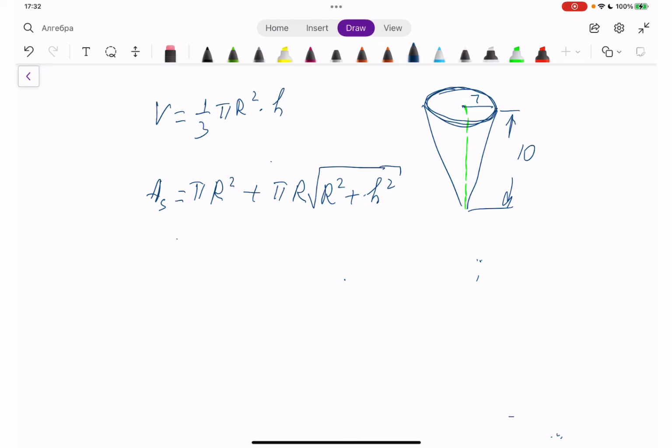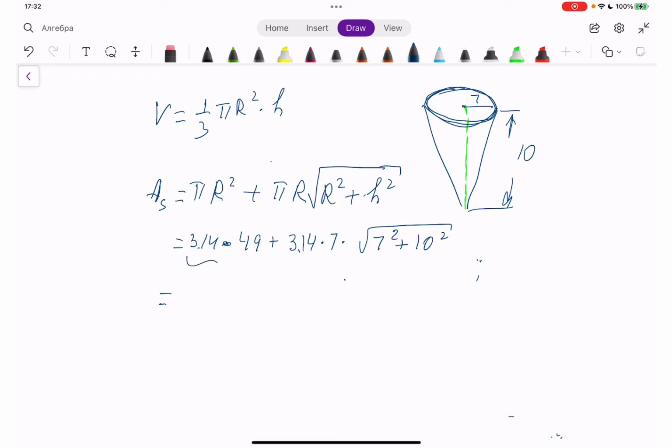So pi is 3.14 times r squared is going to be 49, right? Plus 3.14 times 7 times square root of r squared, it's going to be 7 squared, and plus h squared, it's going to be 10 squared. So we have, since this is multiplication, I can multiply with no problem. 3.14 times 49.